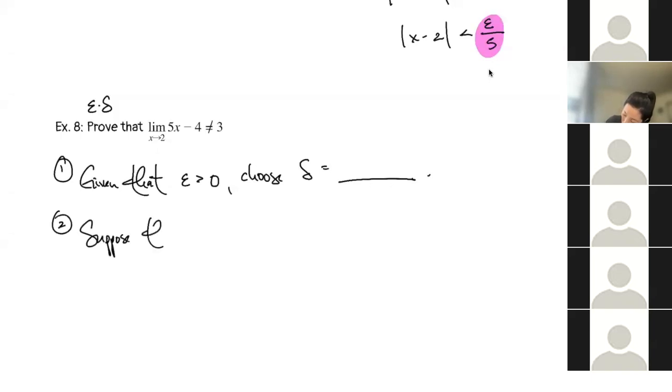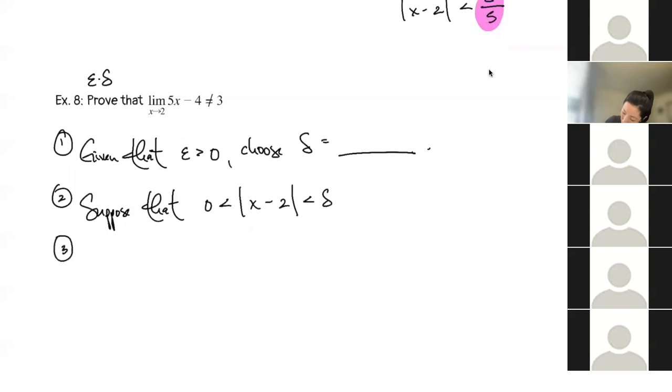Suppose that 0 is less than the absolute value of x minus a, which is 2, is less than delta. Choose our f of x in this case, 5x minus 4, minus our L, which is 3. And so we start with that f of x minus L, absolute value of that is less than epsilon.